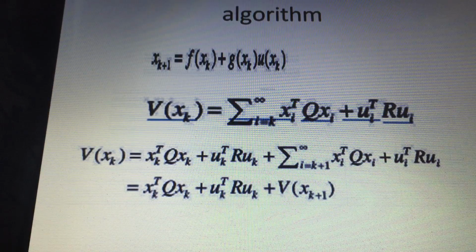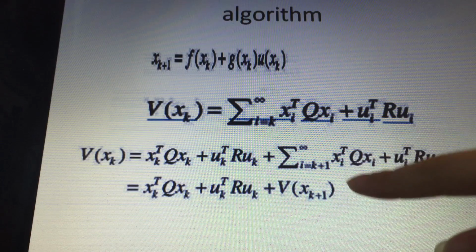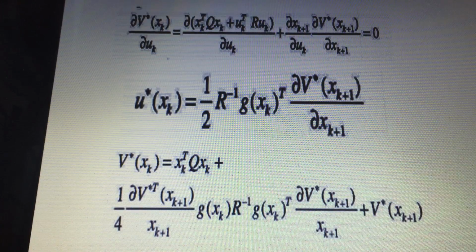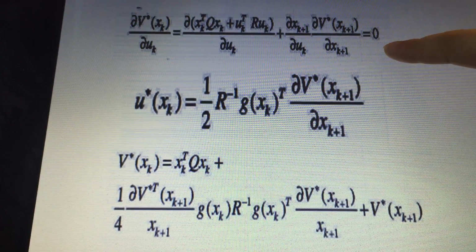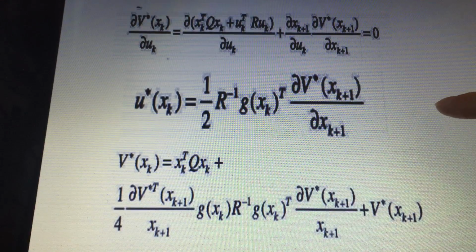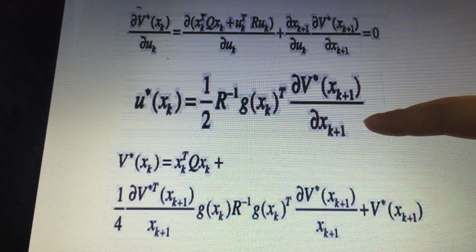For the HJB, it comes with the V star, the same function, just instead we take the derivative with respect to uk, and set this formula equal to 0, and then we get the optimal control u star.